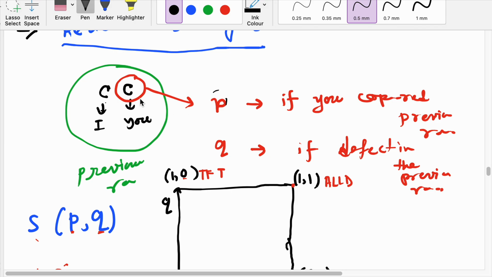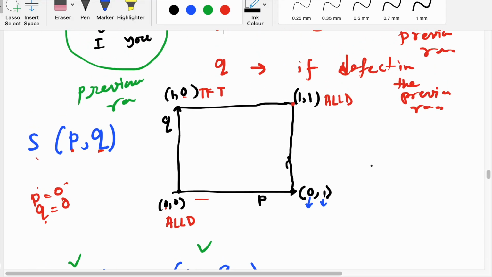If instead you defected in the previous round, I would cooperate with probability q. So p is the probability of cooperation if I observe you cooperated in the previous round, and q is the probability of cooperation if I observe you defected in the previous round.